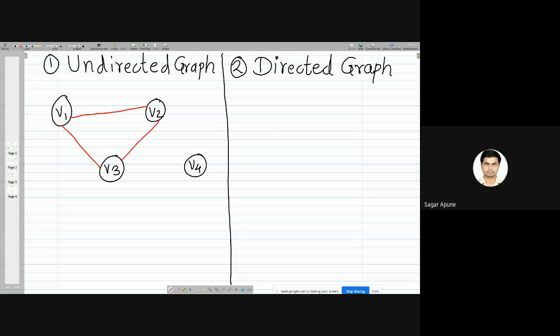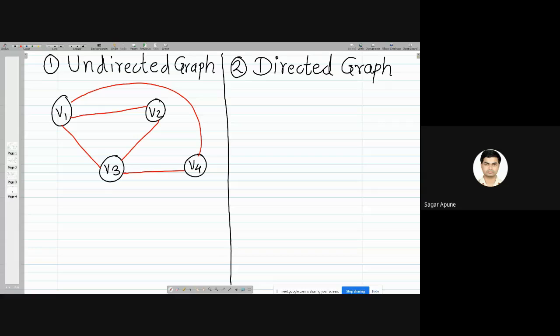V2 to V3 edge, V3 to V4 edge is there. Okay, again my V4 and V1 are connected together. Okay, this is my example of an undirected graph. There is no direction V1 to V2 or V2 to V1. We can call the edge V1 to V2. Again we can call it V2 to V1 because there is no direction.